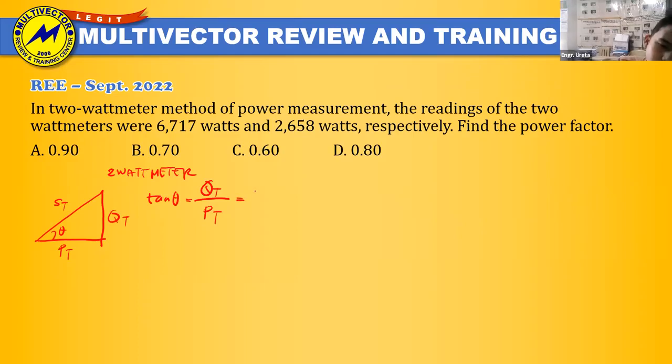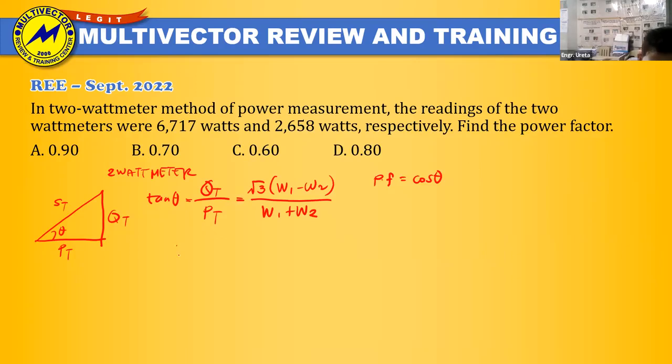But our total reactive power, direct formula, when balanced, is equal to the square root of 3 times wattmeter reading 1 minus wattmeter reading 2, all over the total power, which is the sum of our wattmeter readings. Since what we need to find is the power factor, which is cosine theta, find theta first, then we get the power factor.